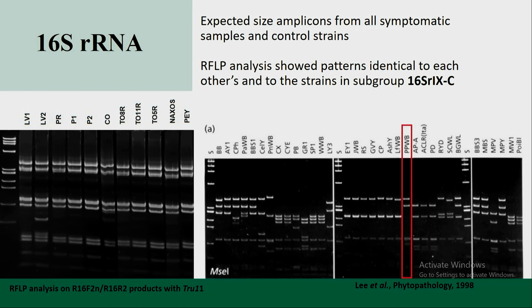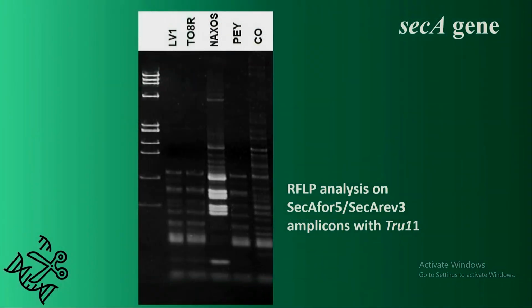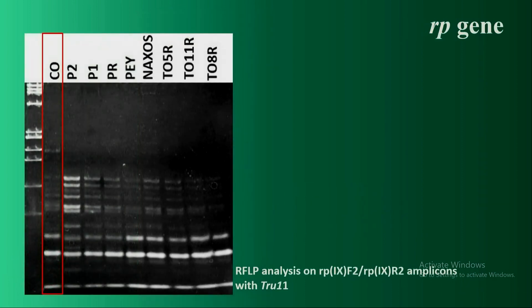And the RFLP of control with the pigeon P, which is broom, taken from Lee et al., has a different restriction size. And the CK gene was not amplified in all samples, and only Naxos had a good restriction profile.